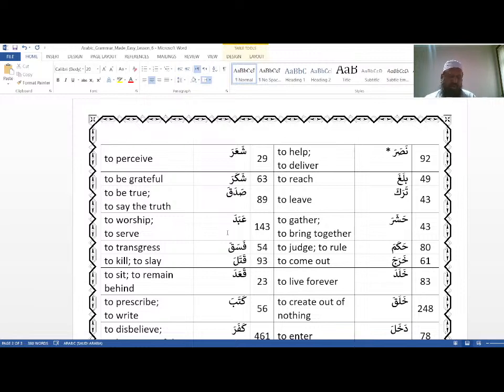Now after going through this fi'l madi, all the 14 sigas, anywhere in the Quran we're able to find fi'l al-madi. Even if a fi'l comes that we don't know the meaning of, we can still recognize by looking at the siga which siga it is.